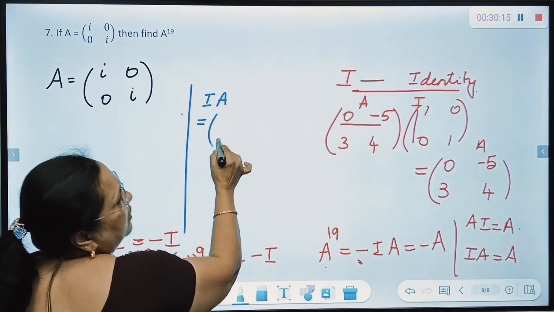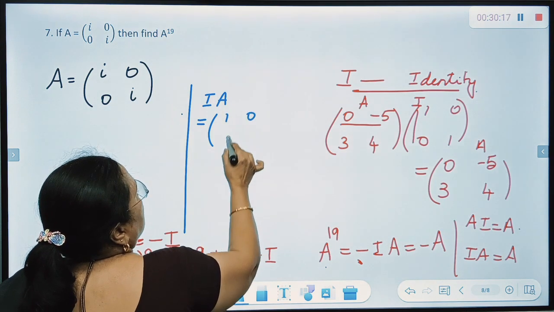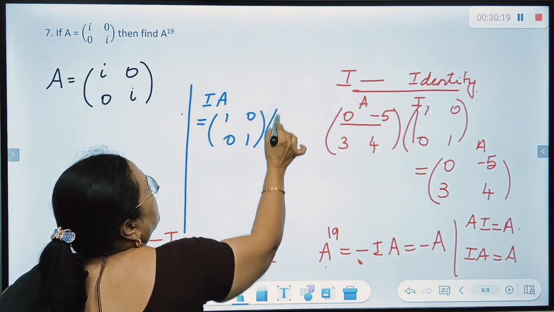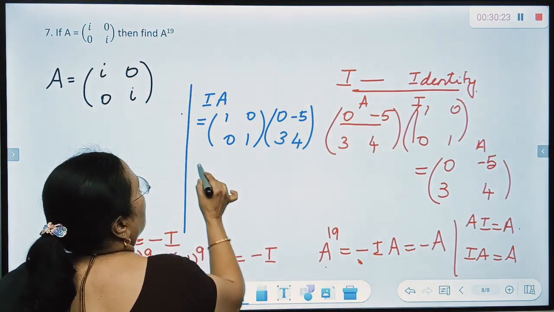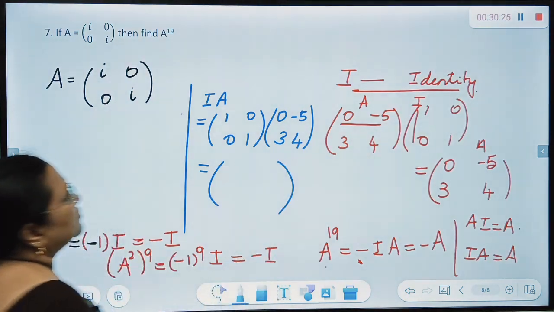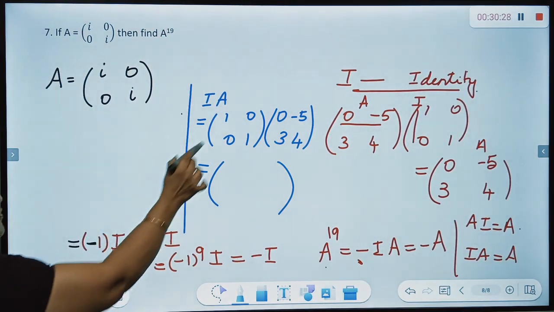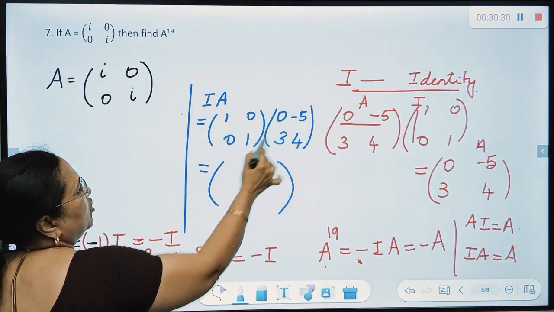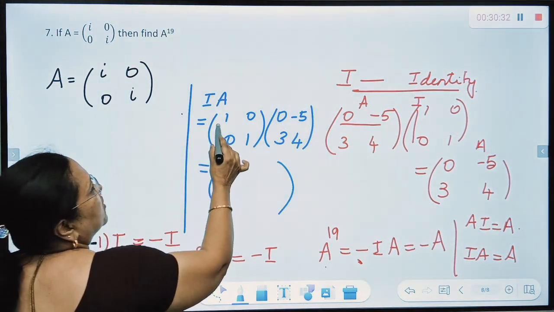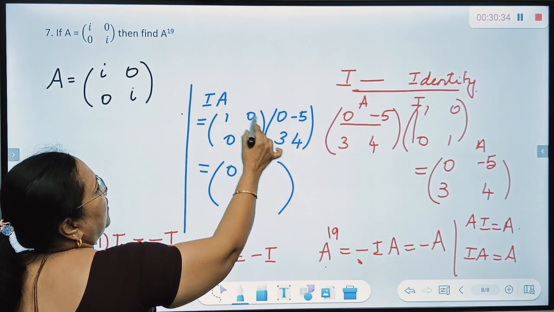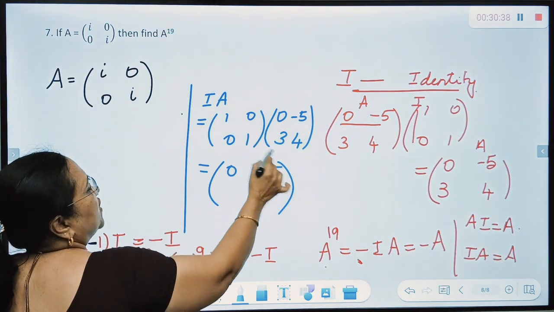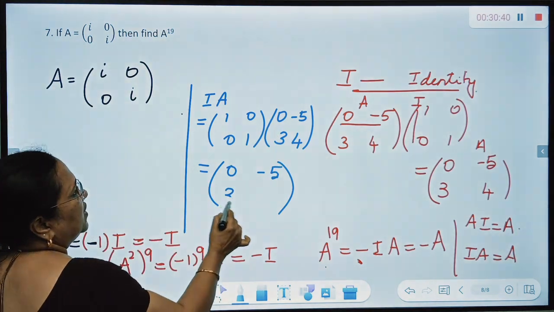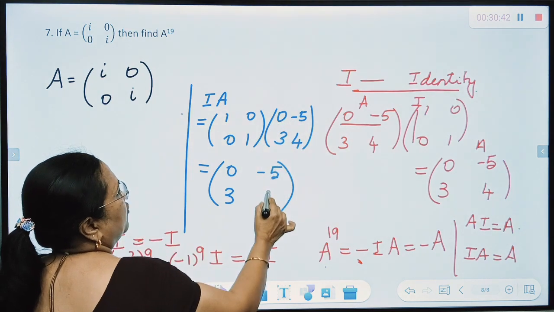IA will be 1, 0, 0, 1 into 0, minus 5, 3, 4, which is equal to first row, first column, 1 into 0 plus 0 into 3, 0. First row, second column, minus 5 plus 0 is minus 5. Second row, first column, 0 plus 3, 3, 0 plus 4, 4.